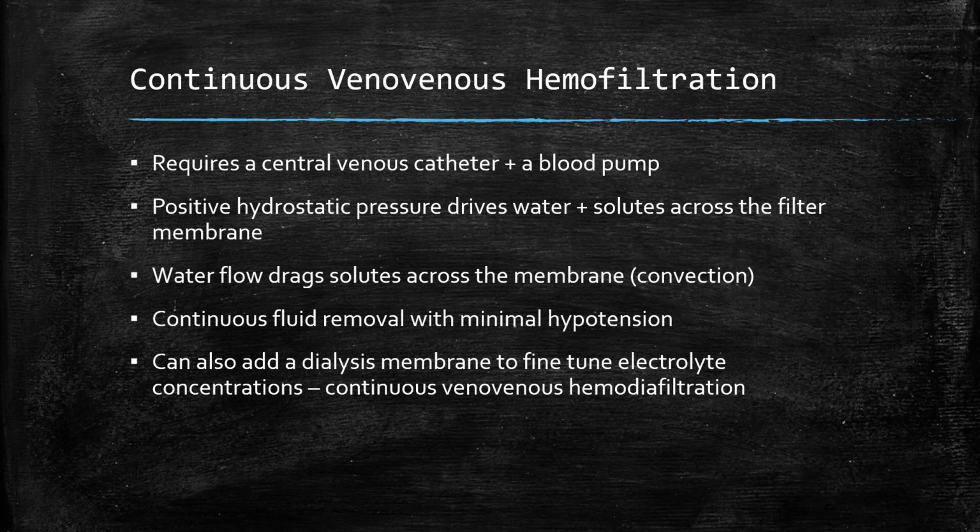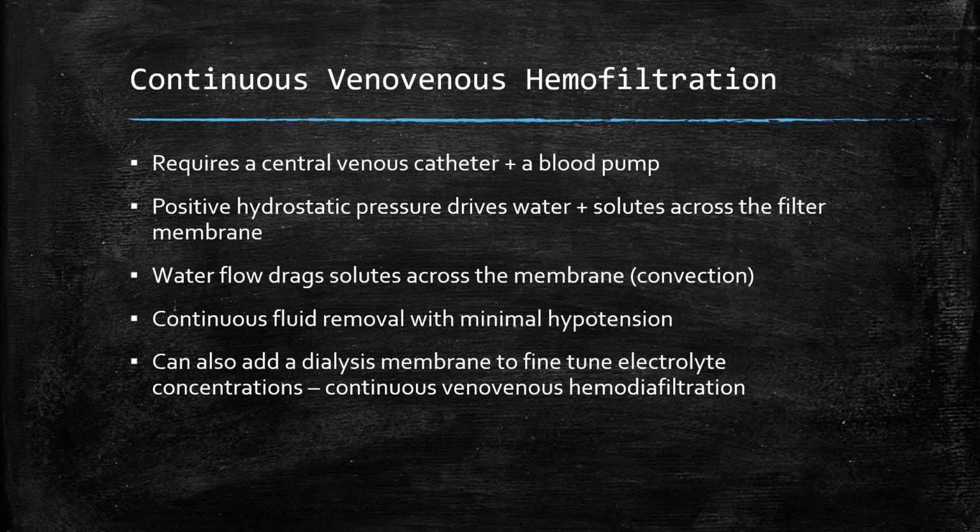It does require a central venous catheter as well as a blood pump, and the process works by a mechanism called convection, which simply means that positive hydrostatic pressure is used to drive water and solutes across a filter membrane. So this approach allows for continuous fluid removal with minimal hypotension.